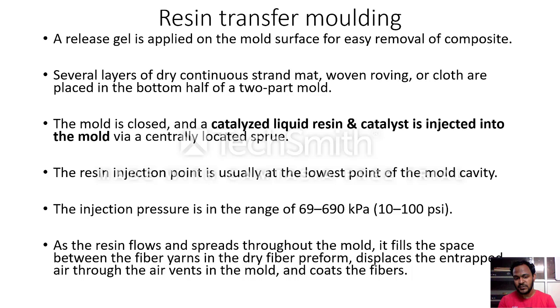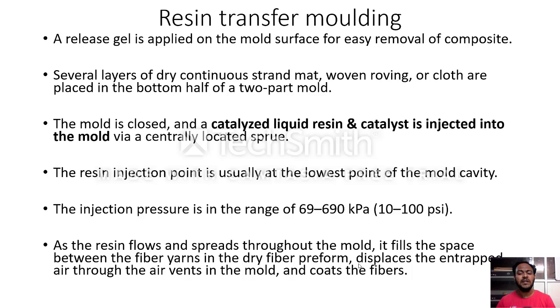As the resin flows and spreads throughout the mold, it fills the space between the fiber and yarns in the dry fiber preform, displaces the entrapped air through the air vents in the mold, and coats the fiber. So once you give some pressure to inject the resin, that resin will flow and it will impregnate the preform. Whatever preform you have manufactured, you would have kept it there, so that the resin will completely impregnate the preform.